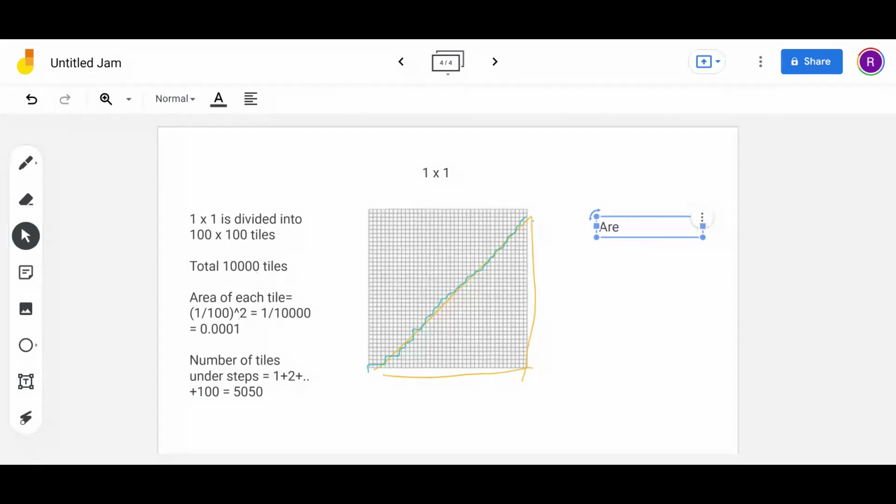Area of tiles under blue step is equal to 5050 multiplied by 0.001, or I can just say 1 by 10,000. How much is that? 0.505, sir. And what is the actual area of the yellow triangle?